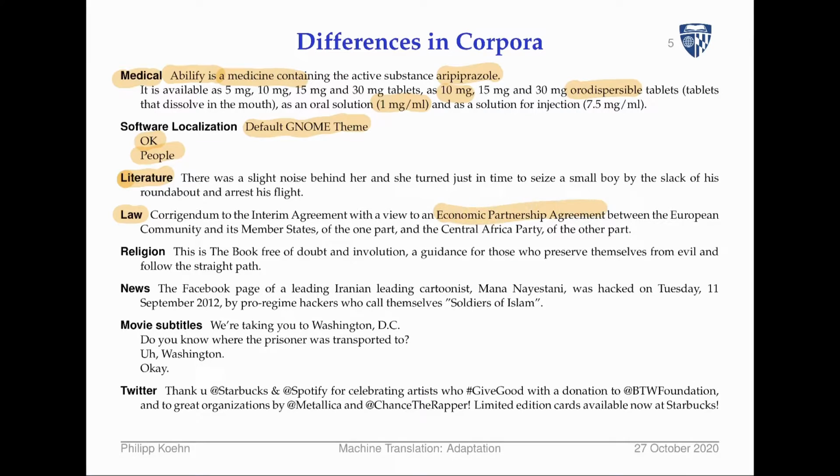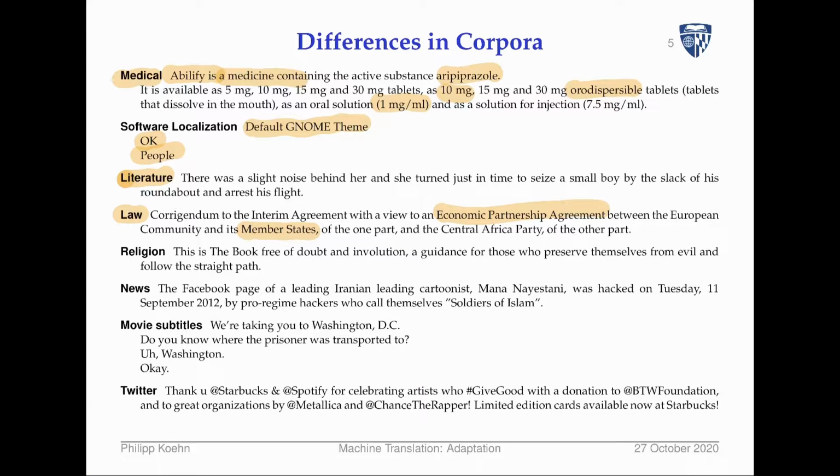You have all these grand noun phrases, economic partnership agreement, and so on. Also, things become not just generic. You don't talk about member states in general. These are capitalized, so you're talking about the very specific member states of the European Union.